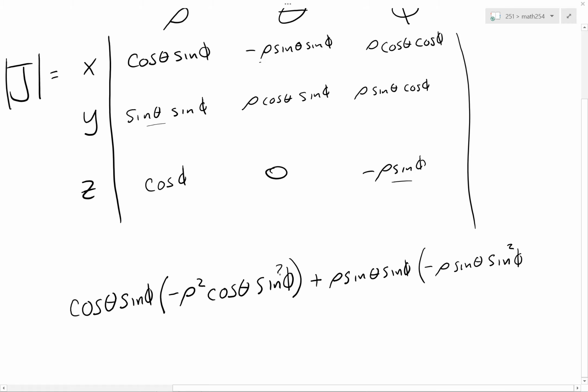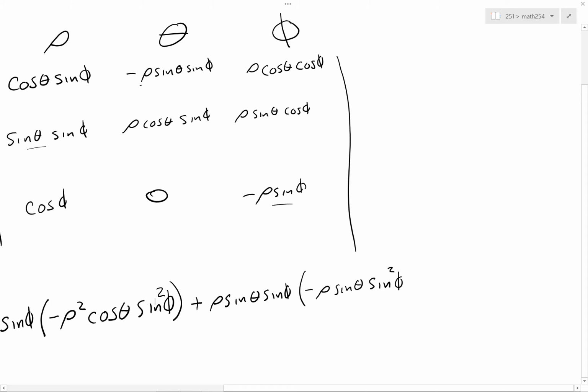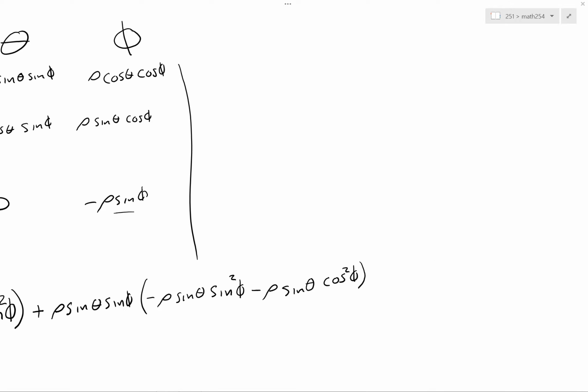Good God, I blew it right there. That's sine squared. Don't forget that. So, this times this minus, and then it's going to be this guy times that guy. So it's going to be minus rho sine theta cosine squared of phi. You can already kind of see the writing on the wall right here. You got a sine squared, you got a cosine squared. You can kind of see where we're going with this.